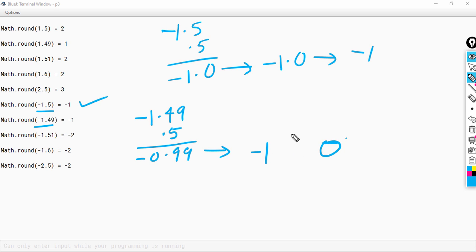So minus 1 is the floor value of minus 0.99. So minus 1.0 is the floor value and the integer value is minus 1. So the answer is minus 1.